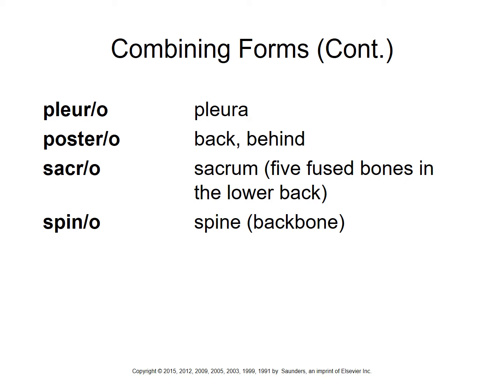But pleura is a covering of your lungs, so pleuro. Posterior, back or behind. Sacro, the sacrum, five fused bones in the lower back. And then we've got spinal, which is the spine or the backbone area. So pleuro, posterior, sacro, and spino.